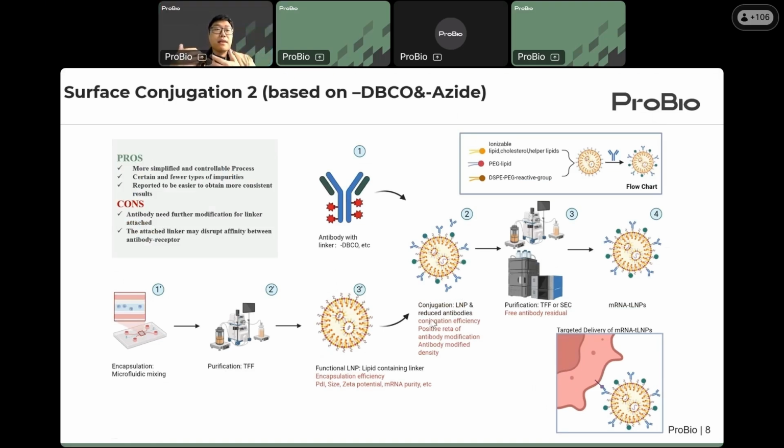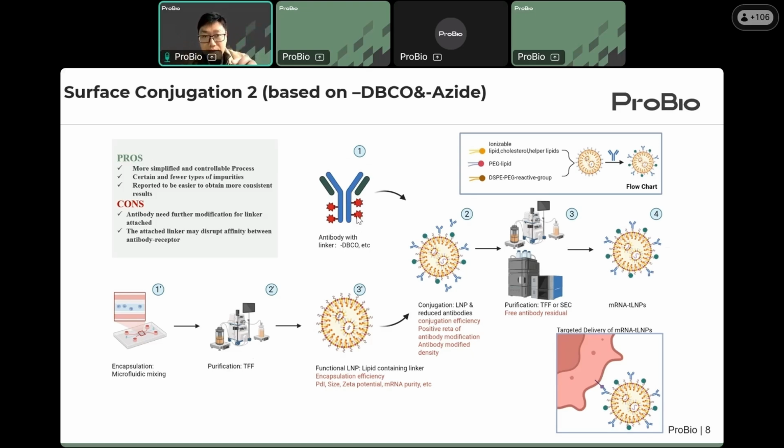We have a second pathway for tLNP production. It is still surface conjugation, but based on a different chemical reaction. You can see the difference here. First, you link your antibody of interest to a DBCO chemical group, and then you still do the mRNA-LNP production with your fifth lipid component, for example an azide (AZ) pack.